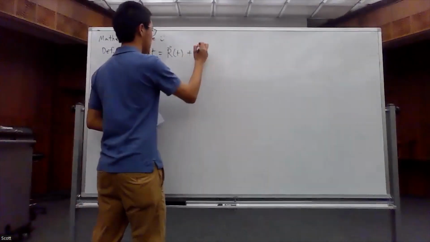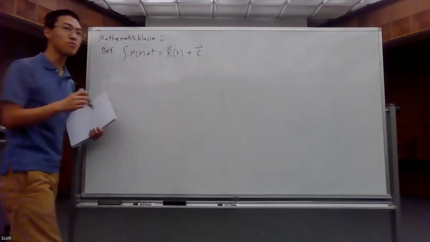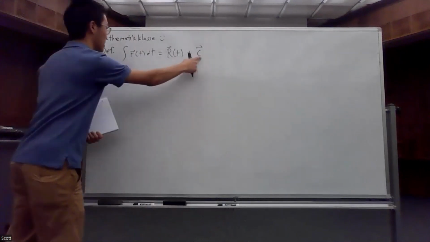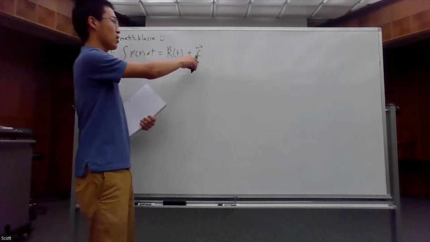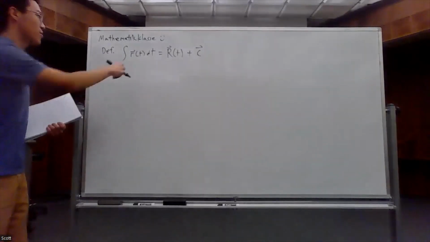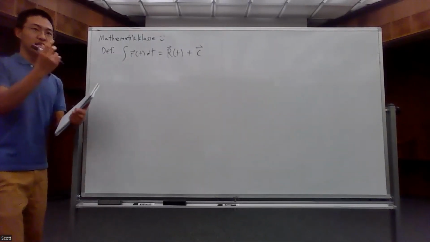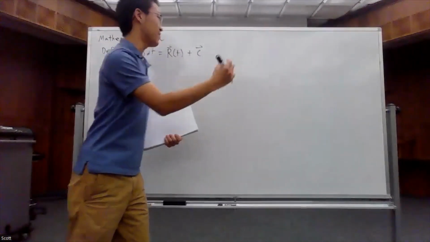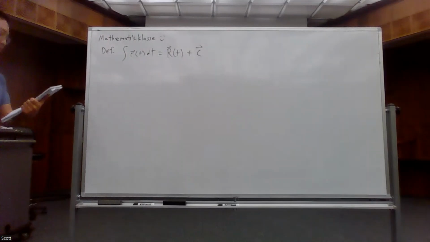That c has got to be a vector, to accommodate the fact that there's a constant for every single component, and all of those put together form that arbitrary vector. So it's no longer an arbitrary constant, it's an arbitrary vector whose components are the arbitrary constants from each component individually. In the same way that the limit could be inserted into every single component, who's to say we can't do that with the antiderivative? So that's basically all that's going on.